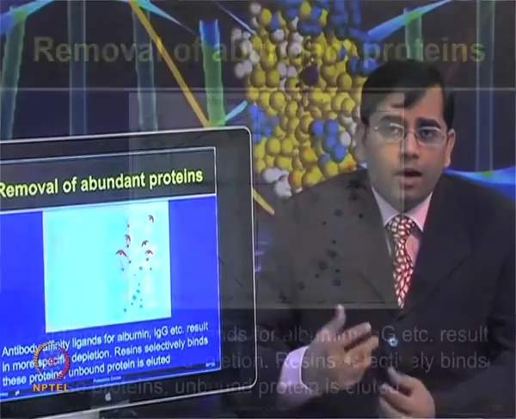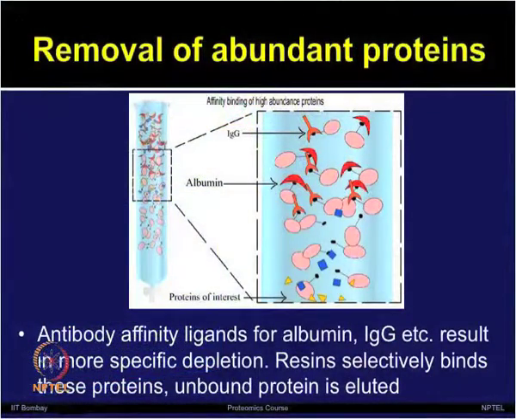So, the affinity based methods ensure specific targeting of albumin, IgG and other abundant proteins.